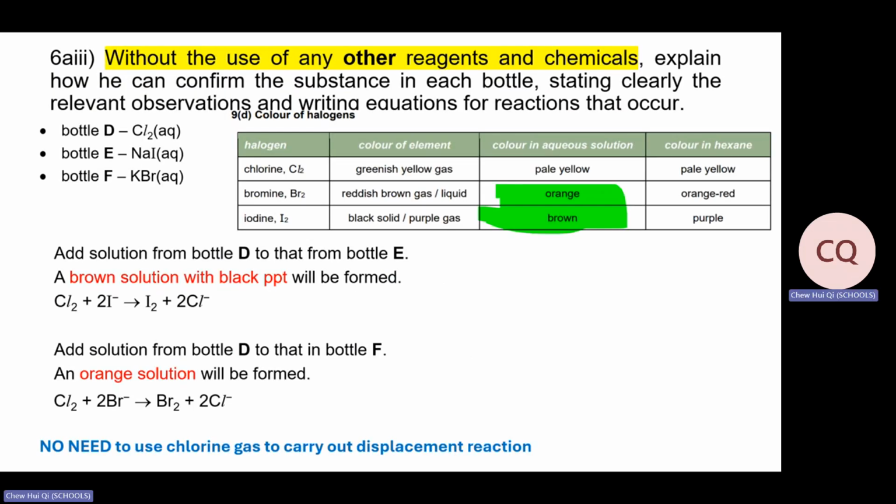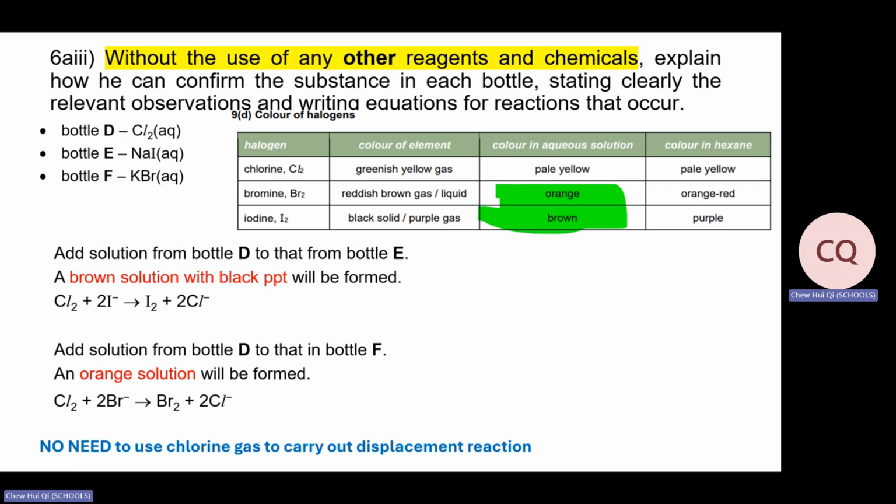This one, I've got a lot of things to say. I'm amazed by your lack of knowledge, which is, I'm trying to sound nice. So without the use of other reagents and chemicals means you are not allowed to use aqueous silver nitrate, which means your white ppt, cream ppt, and yellow ppt answer should not appear on this script. Now, I get a lot of funny answers because I don't know where you read from.